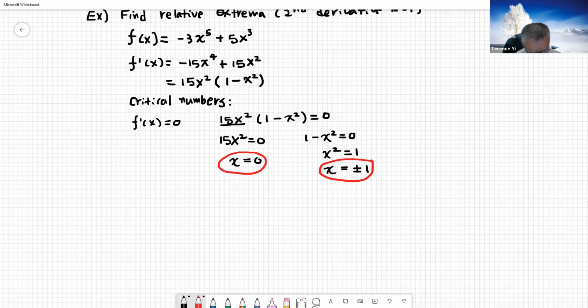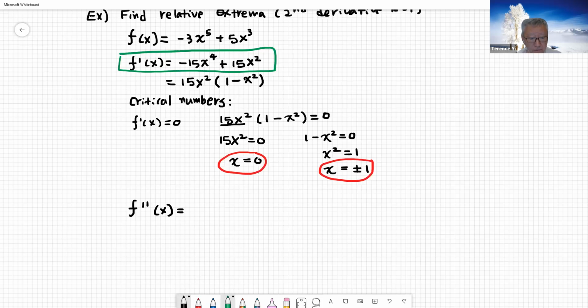So why don't we find the f double prime of x? We're going to go back to the f prime of x before I put them into the nice vector format, and take another derivative of that one.